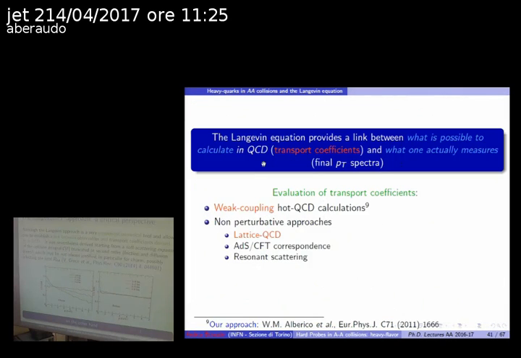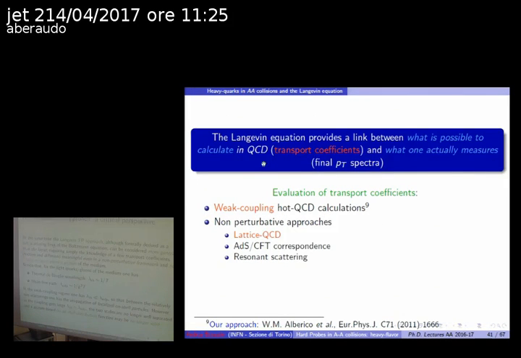Okay, so this was quite an interesting study. The point is to have some tool to evaluate transport coefficients.